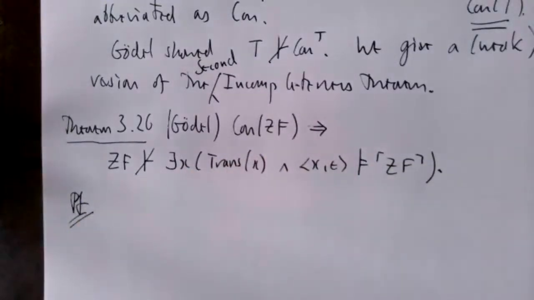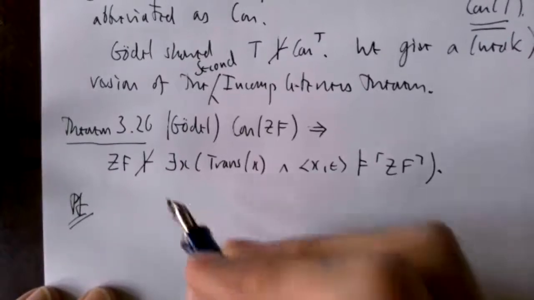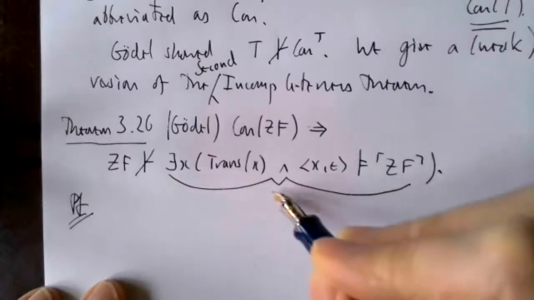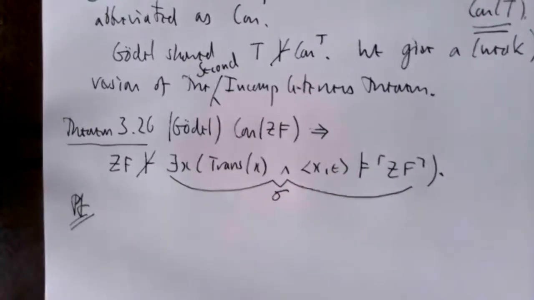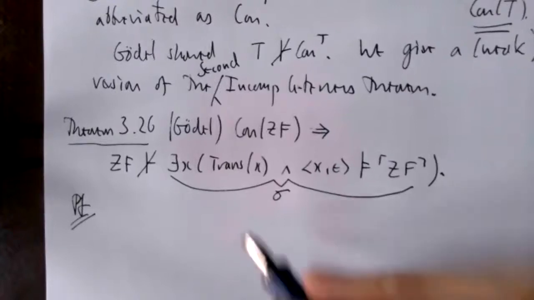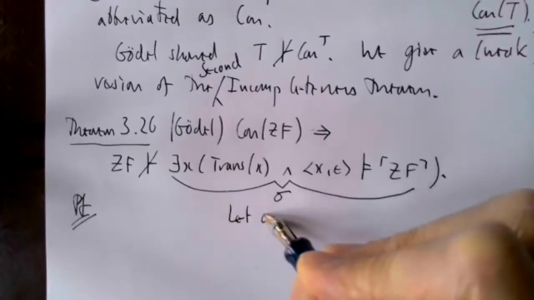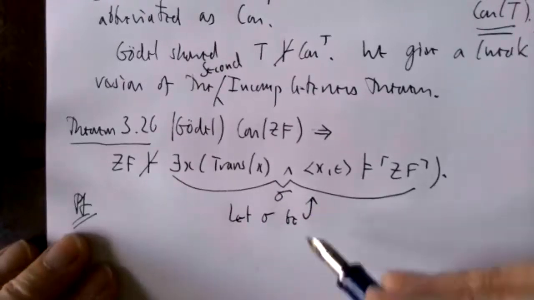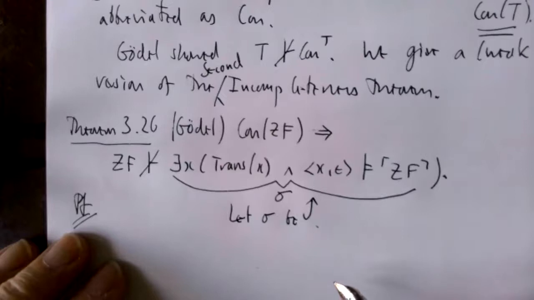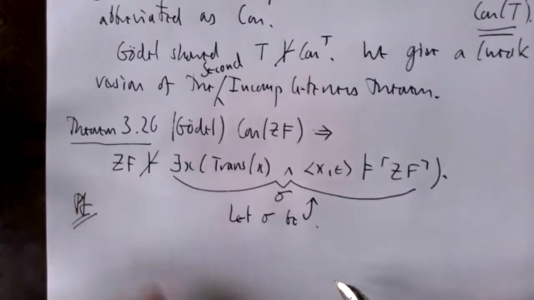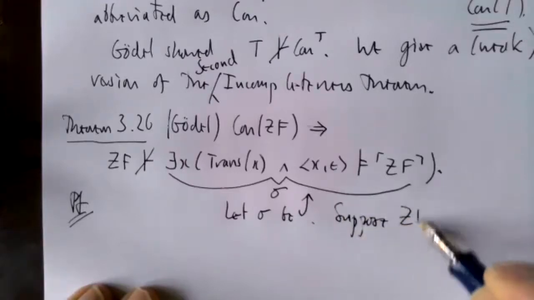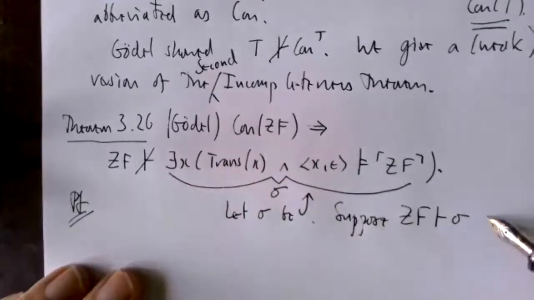Okay, proof. Let sigma be this sentence here. And we'll suppose that ZF can prove sigma, and we'll show that it's inconsistent.